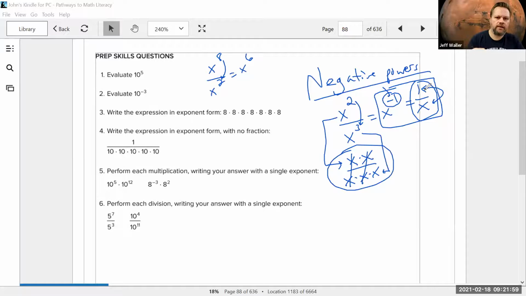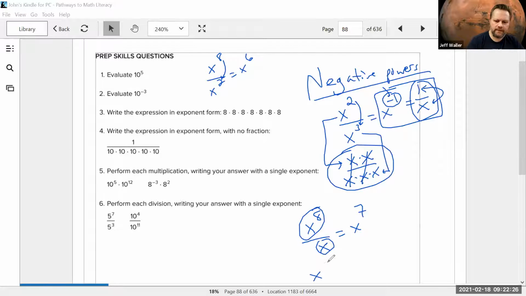I'm losing an x. So if I divide something by x, don't I lose an x? What is x to the 8th divided by x? X to the 7th. Right, because I had 8 x's and I divided 1 away. So didn't I lose an x?